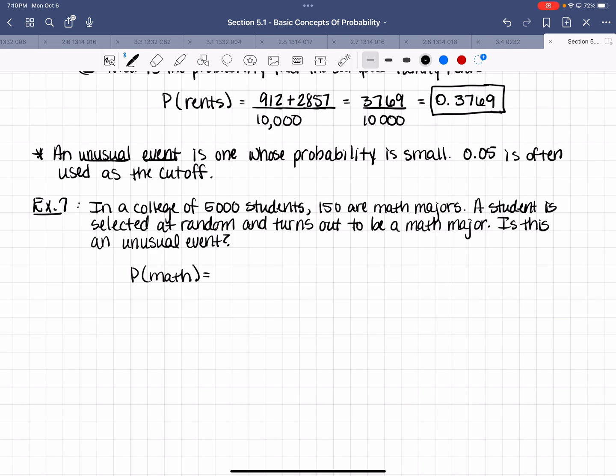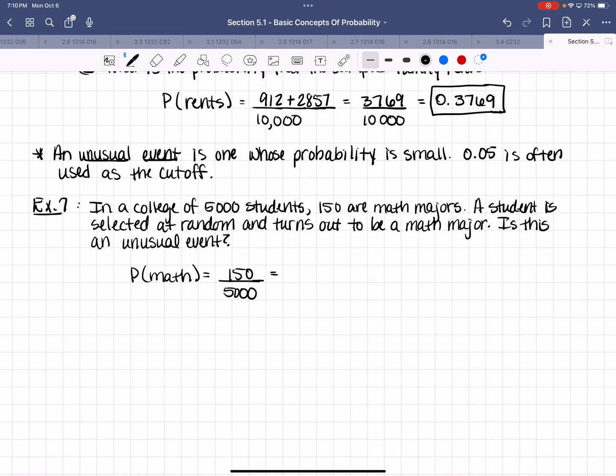Okay, what's my bottom number? What's my denominator? What's my total number of students? 5,000, good. And what are my chances of drawing a math major? 150. Good. Okay. 150 over 5,000. Put that in your calculator.